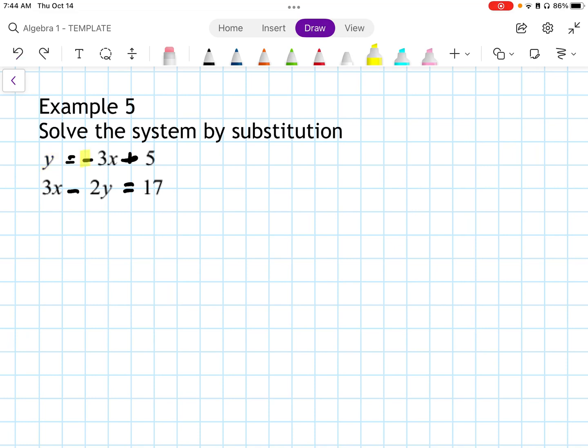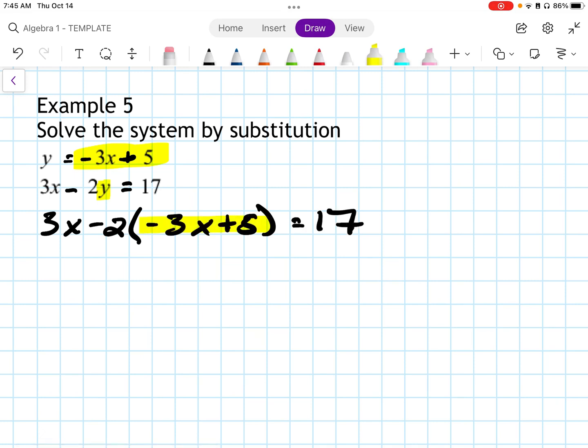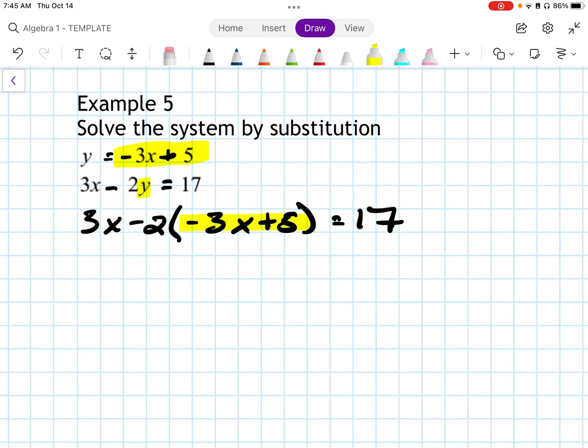So y equals this, I'm going to plug that in to the other y. So whenever I plug that in, I'll get 3x minus 2, and then I open parentheses, negative 3x plus 5 equals 17. This is my y that I substituted in, right?